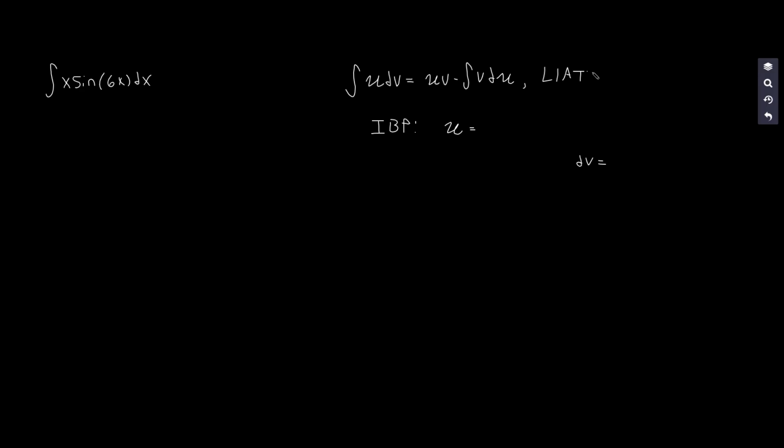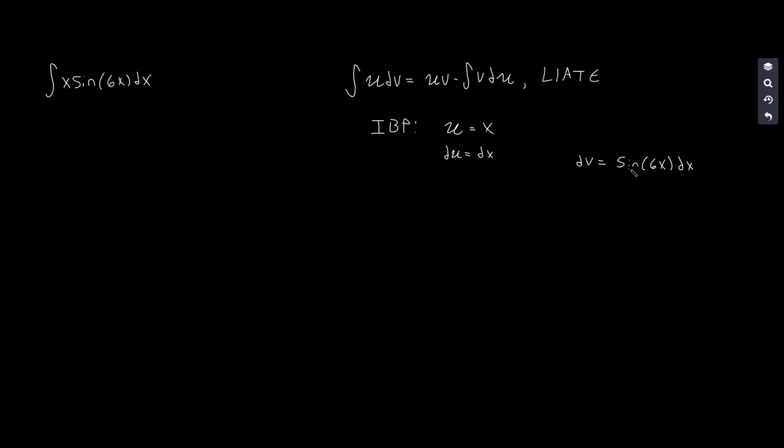And we'll use LIATE. Algebraic terms come before trigonometric terms, so u will be x and dv will be sine of 6x. The derivative of x is just 1, or dx.